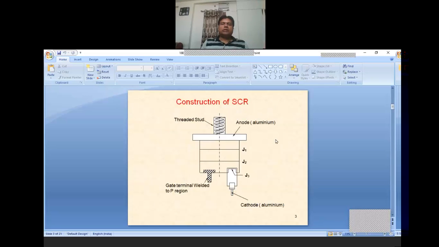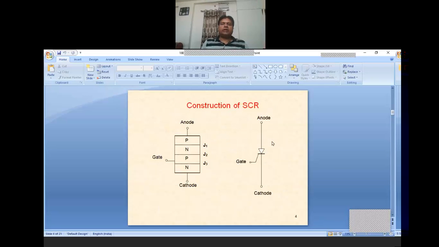As we know, SCR is a four-layer device comprising of three junctions.